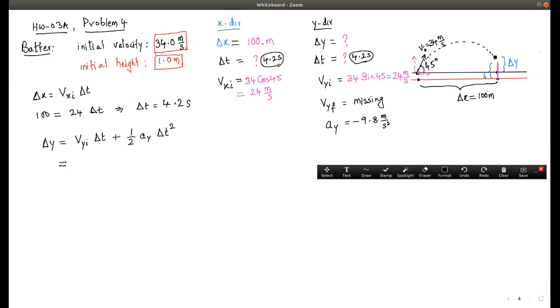That's the big difference, I suppose. So this is 24 meters per second. It's in the upward direction, so that was positive. Delta t we now know is 4.2 seconds. Plus half ay, which is minus 9.8, delta t squared, 4.2 squared.